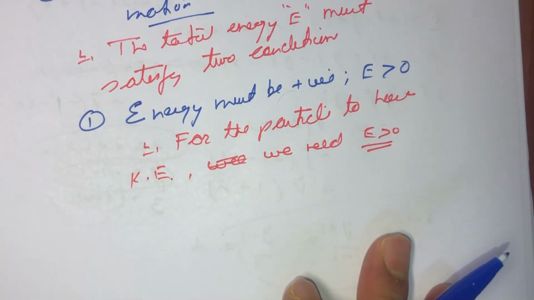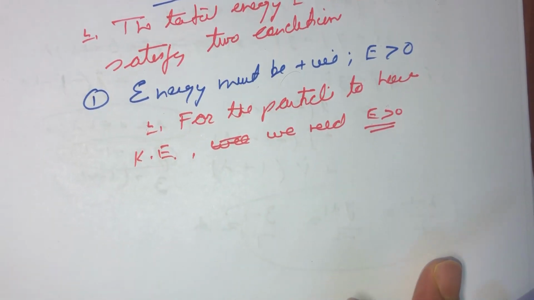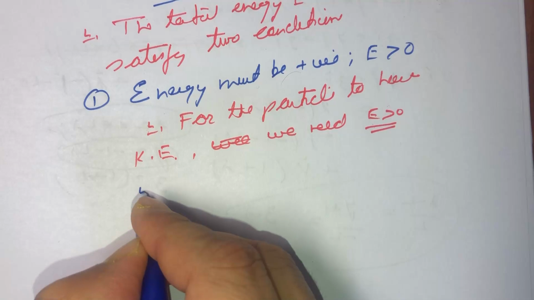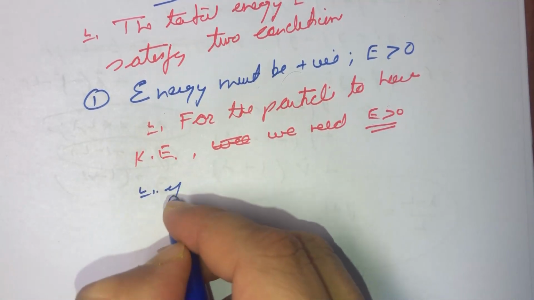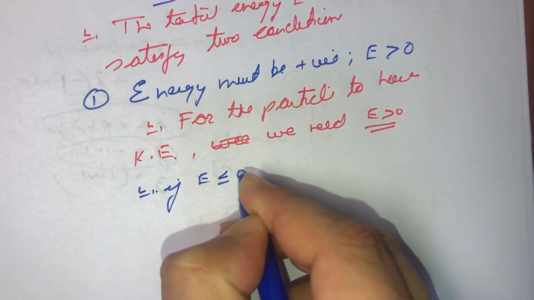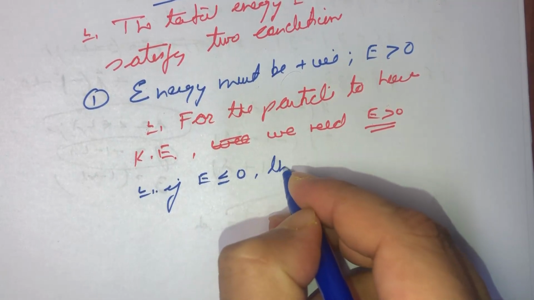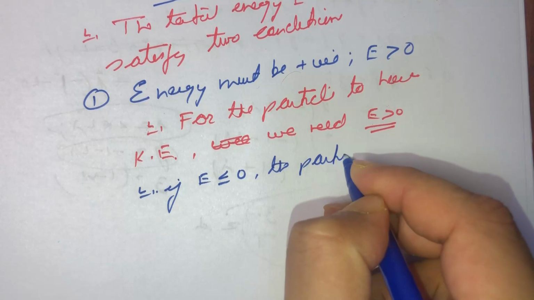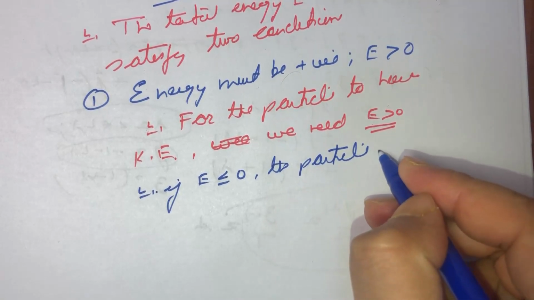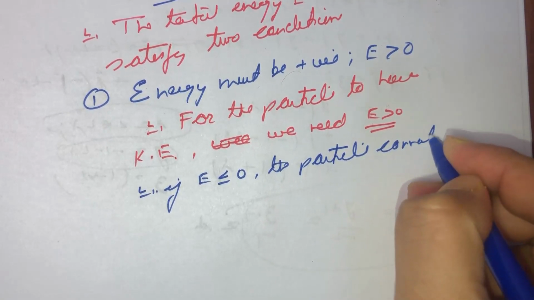So it means that if E is less than or equal to 0, the particle cannot oscillate.